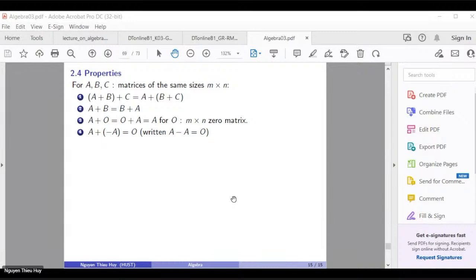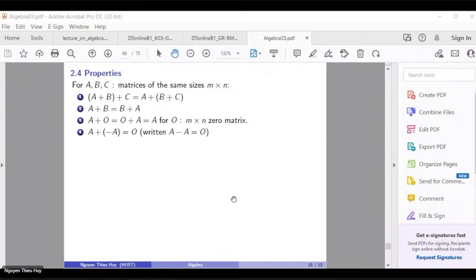Neutral element. Yeah, the zero matrix is simply the neutral element for addition; this is called the null element. Yeah, the zero matrix is exactly the null element.